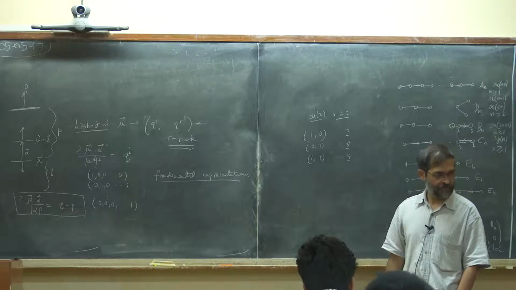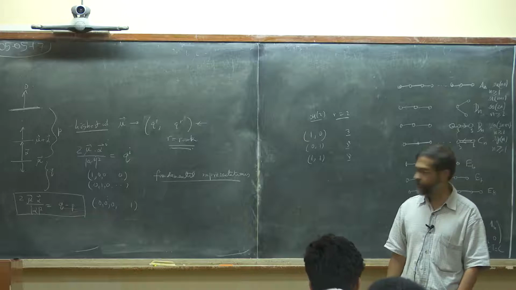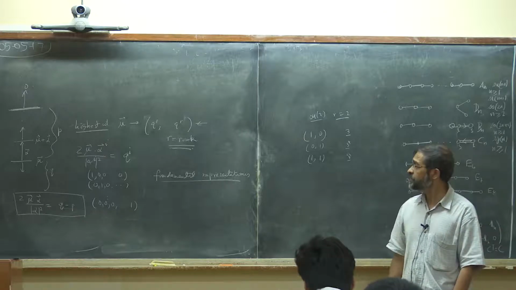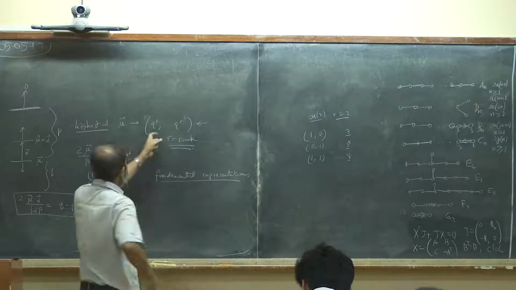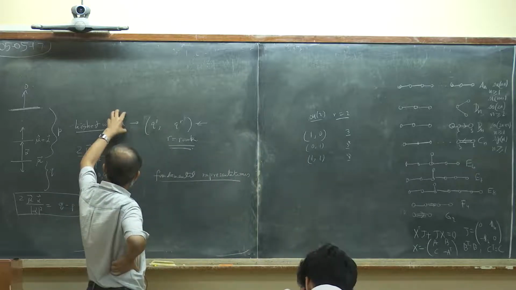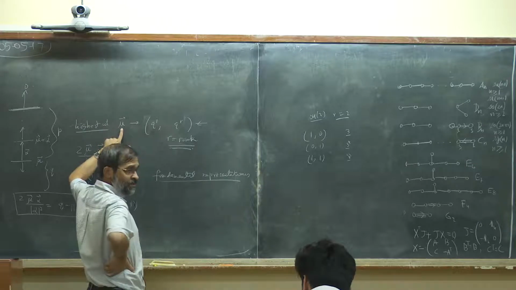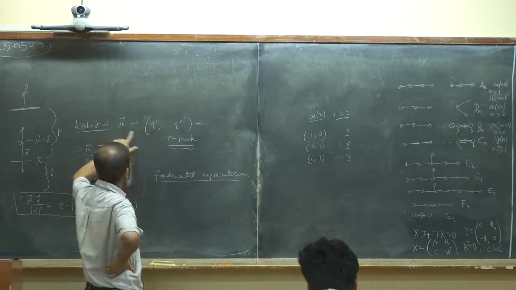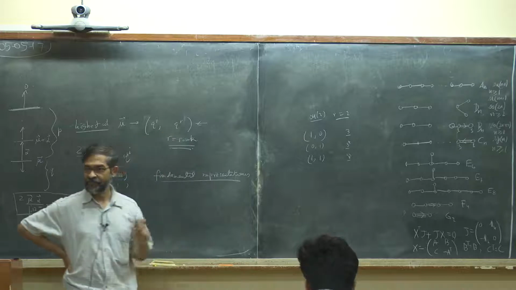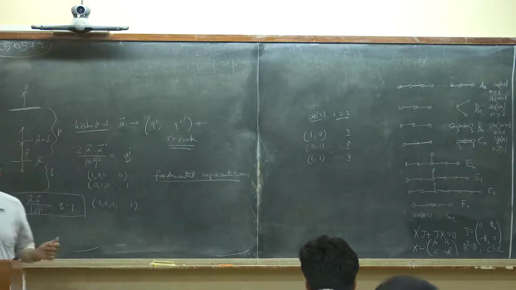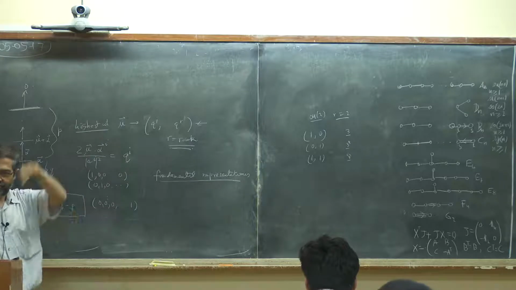Is it always possible to find a fundamental representation? Yes. Well, let me say this again. First of all, if there is a highest weight vector mu, it will have some unique non-negative integers which tell you about the depths of the various towers.